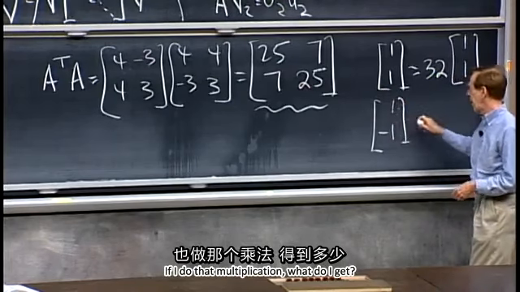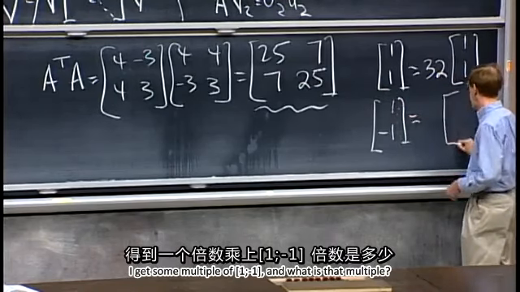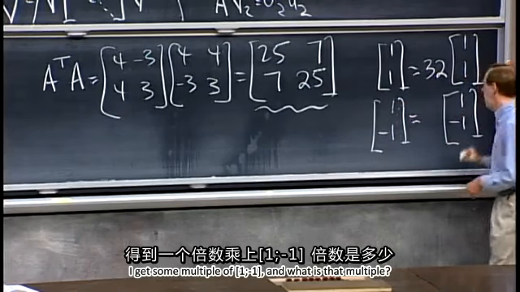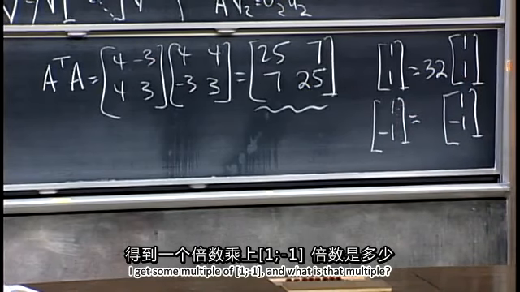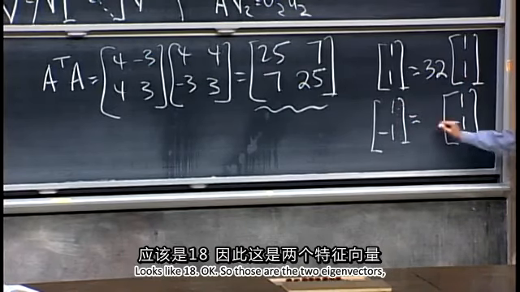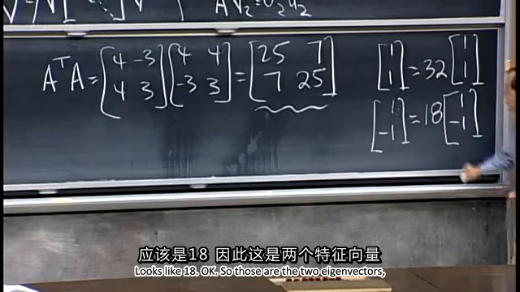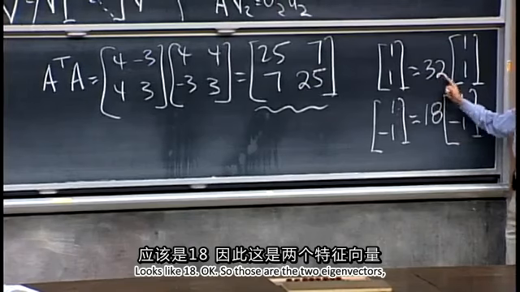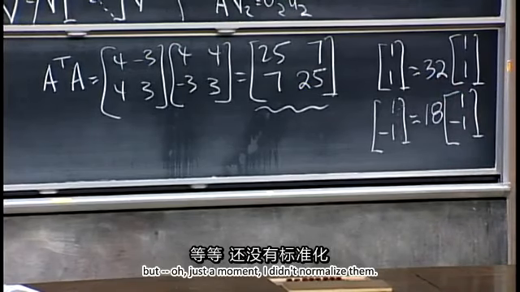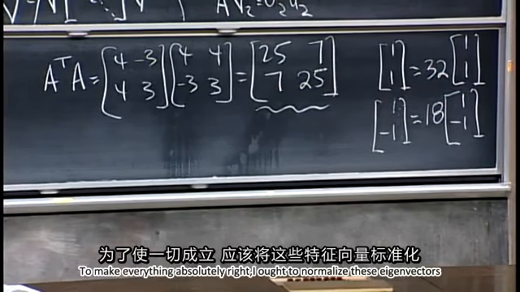If I do that multiplication, what do I get? I get some multiple of 1, minus 1. And what is that multiple? Looks like 18. Okay, so those are the two eigenvectors. But, oh, just a moment, I didn't normalize them.